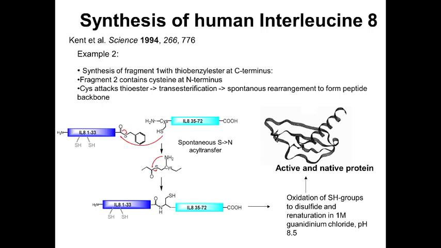Fragment 2 contains an N-terminal cysteine, and what happens during this fragment condensation is that the cysteine attacks the thioester, and then a transesterification occurs, and in the next step a spontaneous S-N acyl transfer reaction takes place, which is irreversible and which leads to the formation of a native peptide bond between the two fragments.